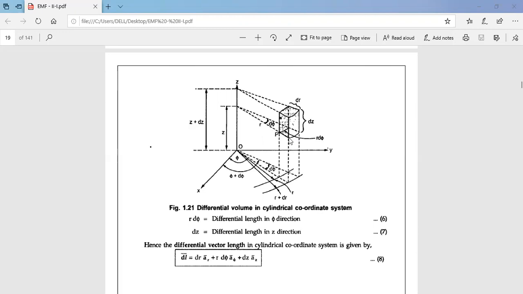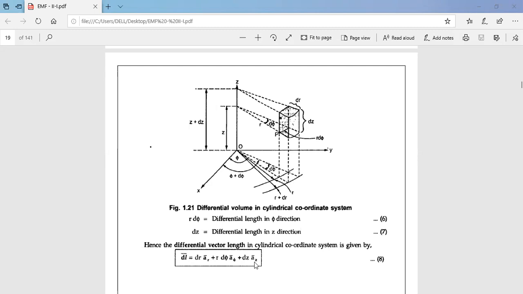So your length around the circumference. Let me go back over this. Your length along the radius is dr, right? Your length along the circumference is R d phi. And your length along the height is dz. So your differential length is dr in the AR, R d phi in the A phi, and dz in the AZ.